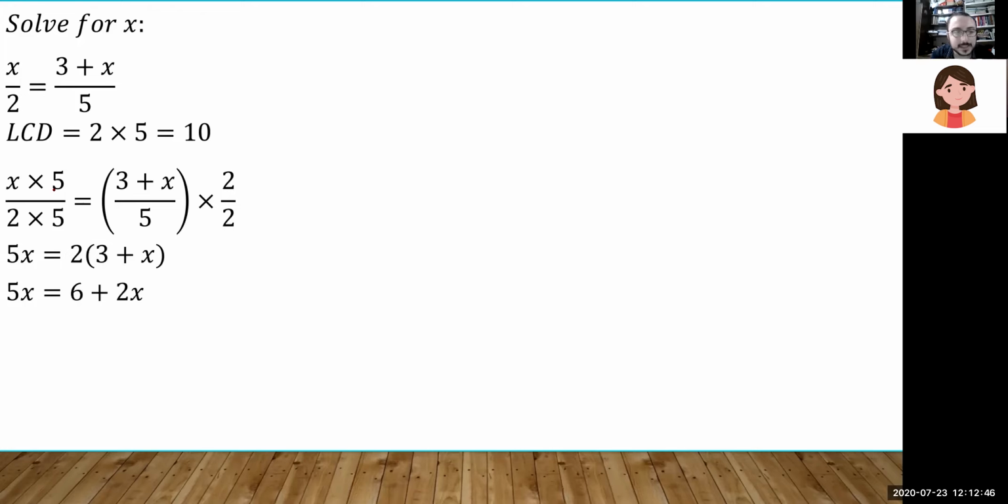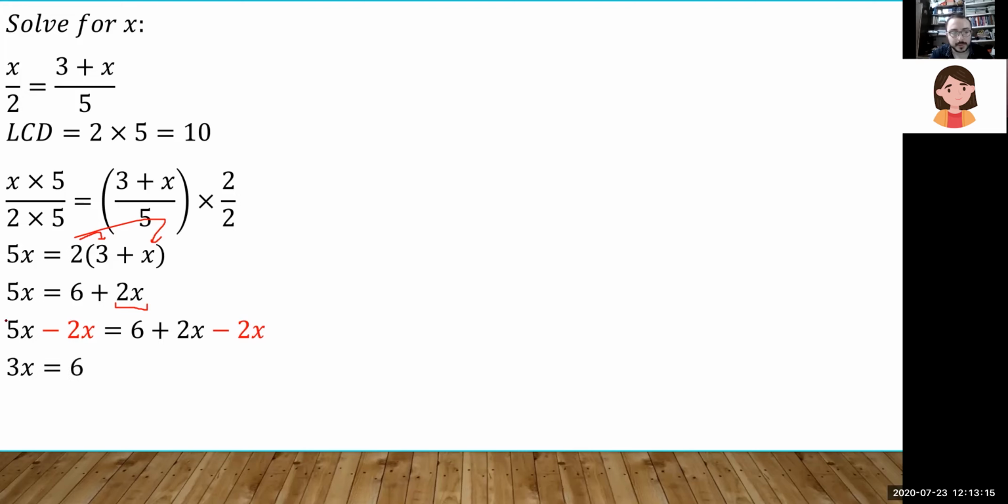Then 5x equals, you just expand here, 2 times 3, 6, and 2 times x, 2x. Then you have here 5x, and here you have 2x. We need to get rid of the 2x here, so we add minus 2x to both sides of the equation.